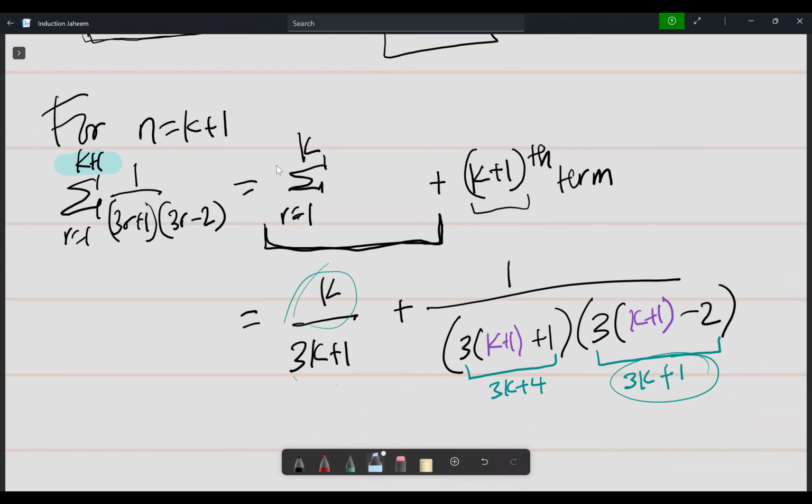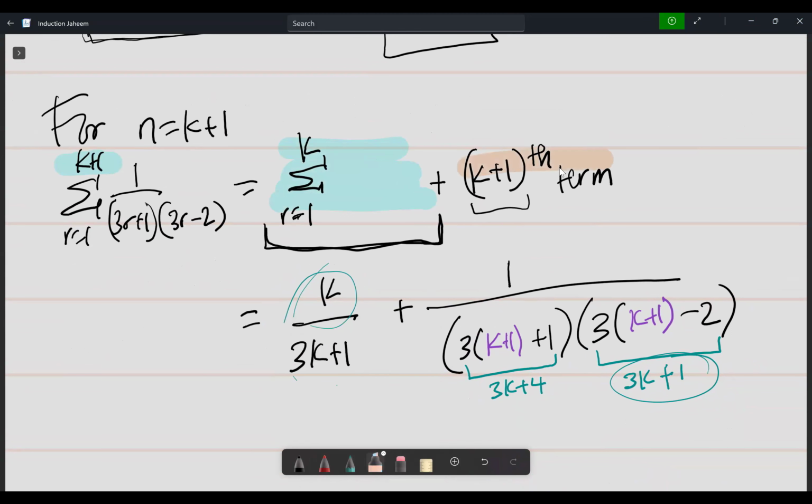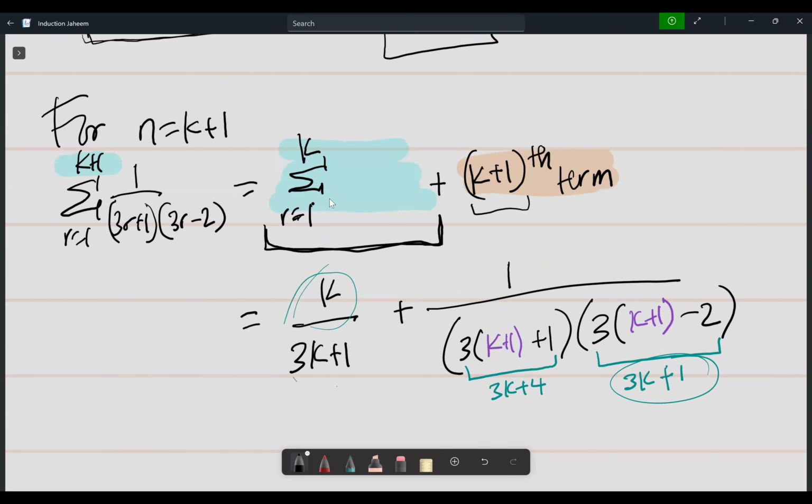That means the sum up to k plus 1 is going to be the summation up to k that we found before, plus the k plus 1 term. So we have the sum that we found earlier up to k, plus the k plus 1 term.